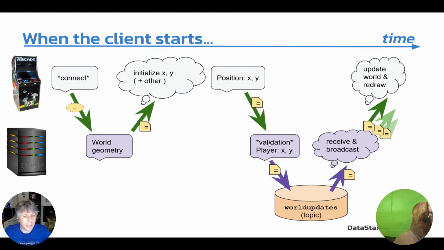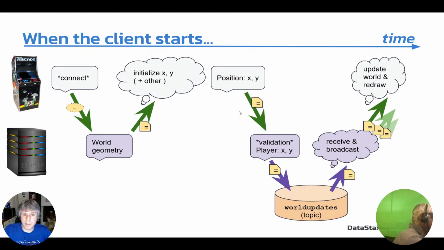There will be a validation by the server, and then, as we already saw, this validated message will go to the topic, and from there it will be picked up by the API in various instances. So every running function in the API responsible for any WebSocket connection will pick up these update messages and broadcast them to the client, which will then update the world and redraw.